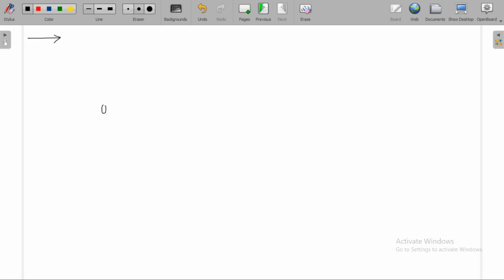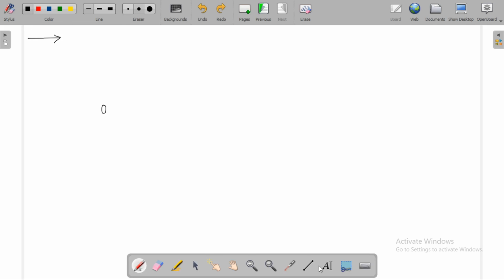Here you are going to have a conductor like this. This is the conductor. Upon this conductor you are going to have insulating material.